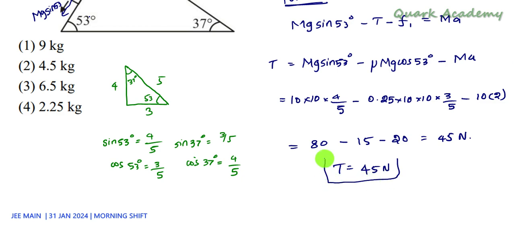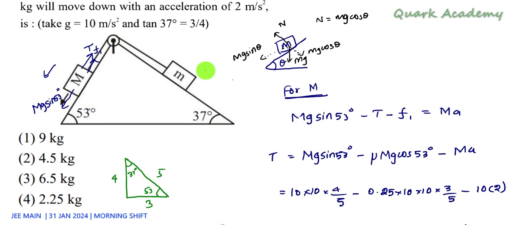Fine. Now we need to figure out the small m. For that again we'll draw this one. This is going to be mg sine 37 degree, and tension is in this way. The block is going to move upward because capital M is moving downward, so small m should move upward. Frictional force will act in the direction opposite to the direction of movement, so F2 will act in this way.